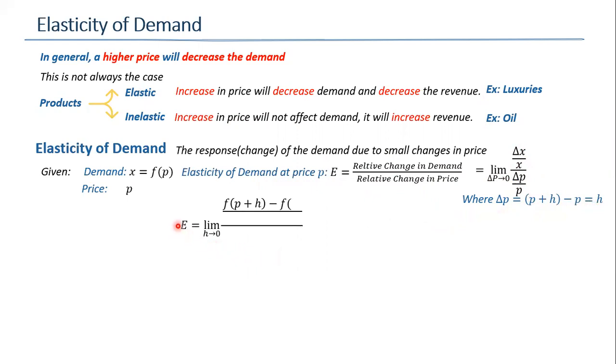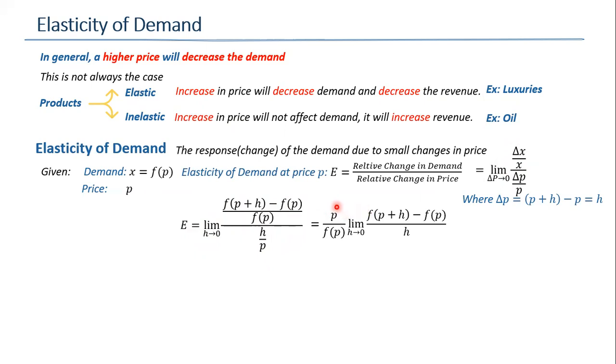So we will replace: E equals the limit of f of p plus h minus f of p over f of p, over h over p, as h approaches 0. We can flip now: f of p converts to down, p converts to up.